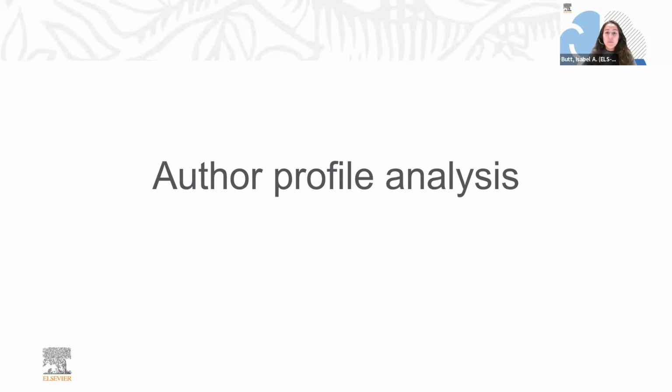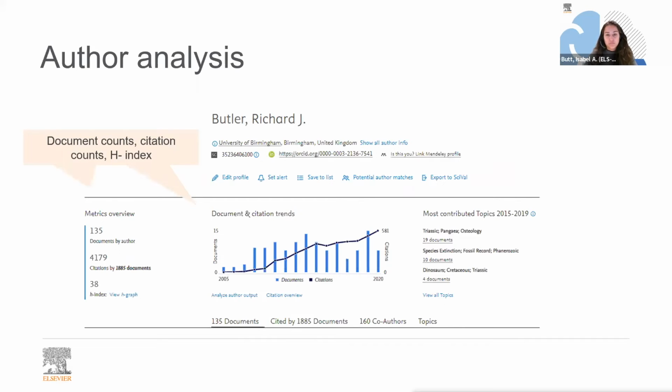And these are super important to understand how you can showcase your impact, assess other researchers, or choose a suitable peer reviewer, for example. So on the author profile page, we've got a number of features to help you analyze an author's performance. Here, you can see the total number of documents and citations over time, as well as H-index.